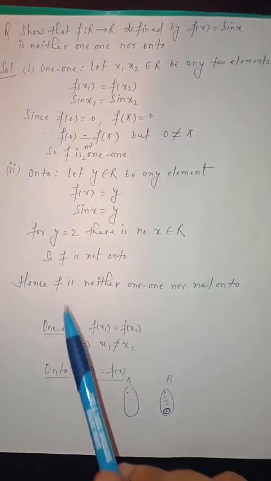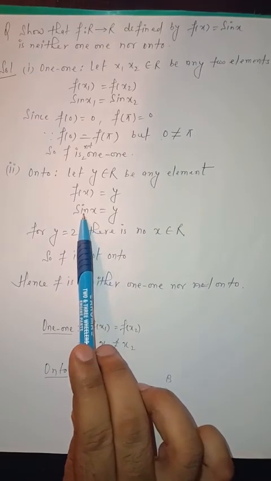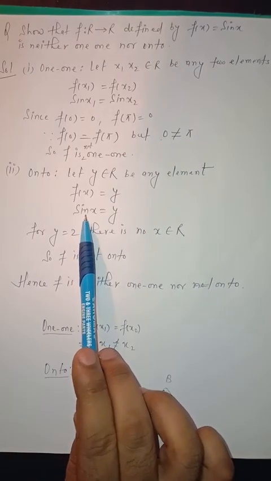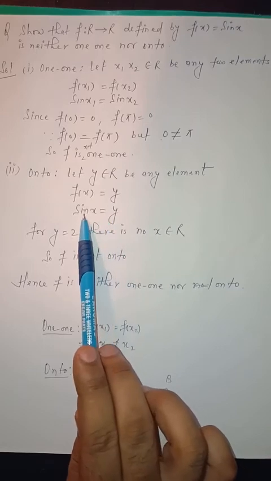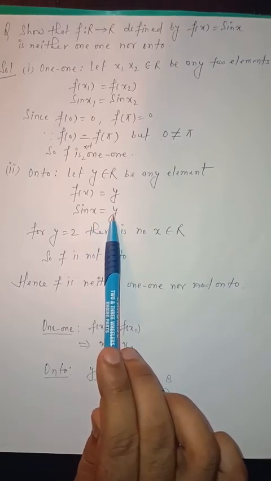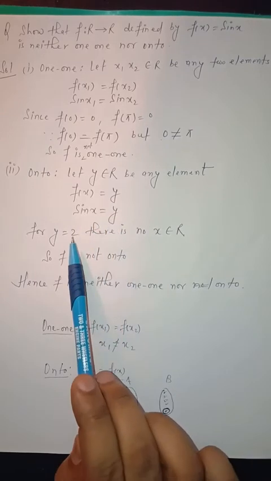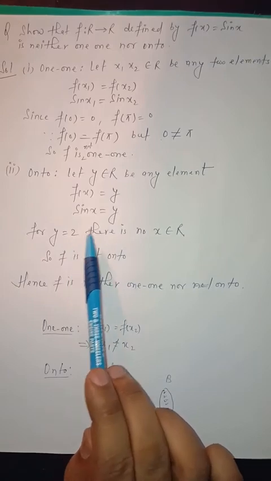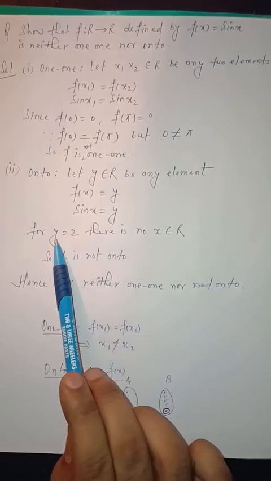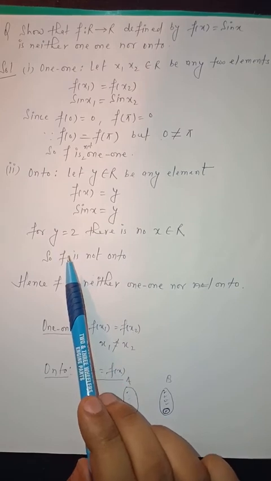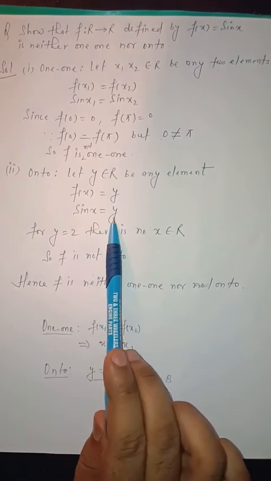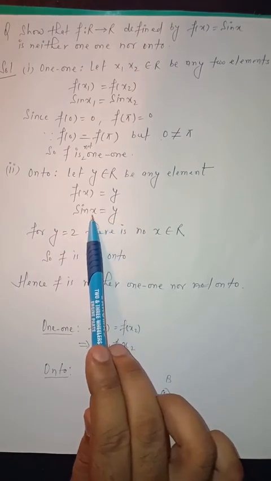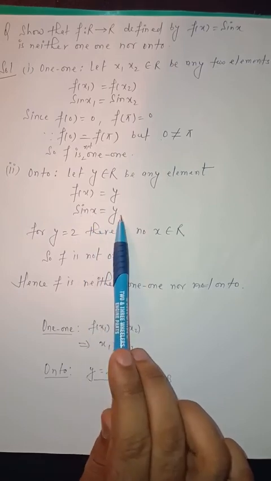So you can see that the maximum value of the sine function is 1. So if I am writing sin x is equal to 2, we are taking a value 2 in set B because y belongs to set B. So when sin x is equal to 2, we already know there is no value of x for which sin x is equal to 2.